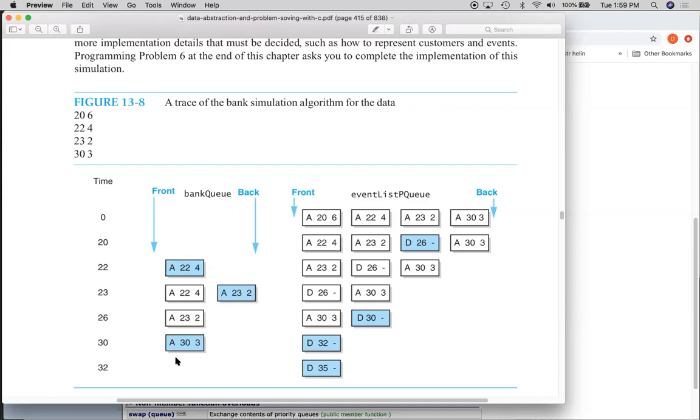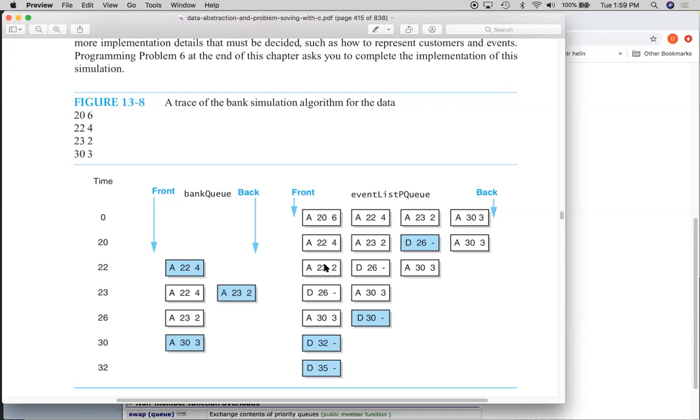So this queue over here on the left, which is called the bank queue, is just going to be the line of people standing there waiting to be served by the teller. And so at time 22, we have one person standing in line, and we have 3 events that we have yet to process. Okay?